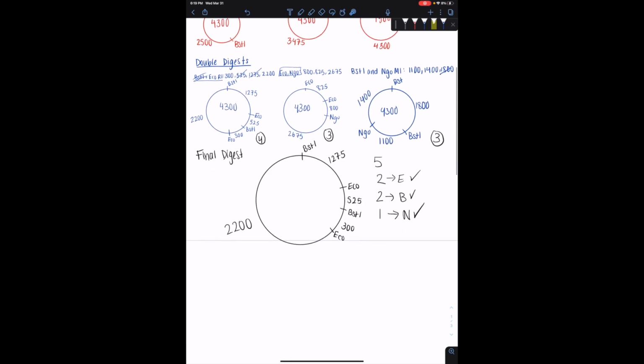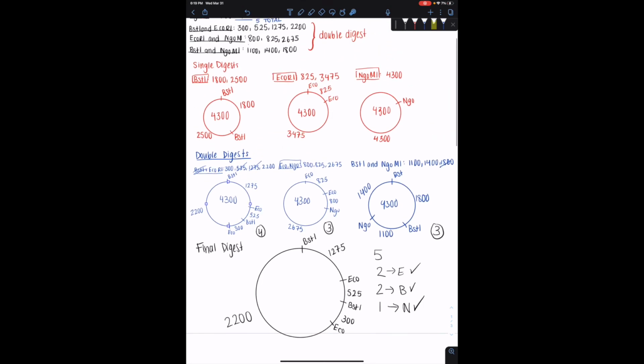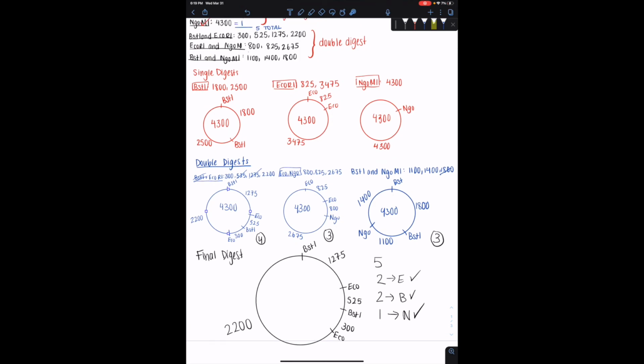So let's see where that could go. The easiest way for me to figure out where this cut would land is to look at the double digest with N go. I like to add up some numbers in this area that has N go and just see if these numbers can add up to these, because that means that a combination of these numbers is something that a number up here can be split into.